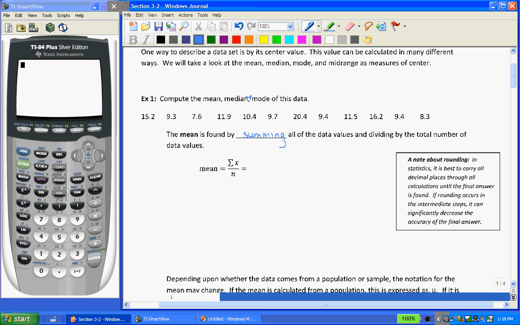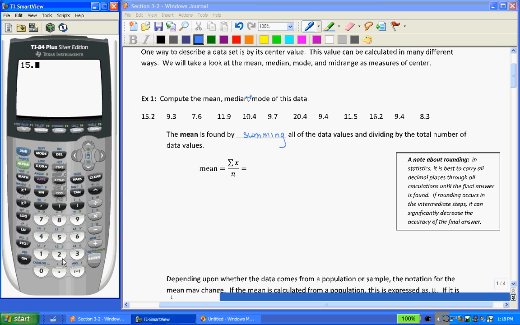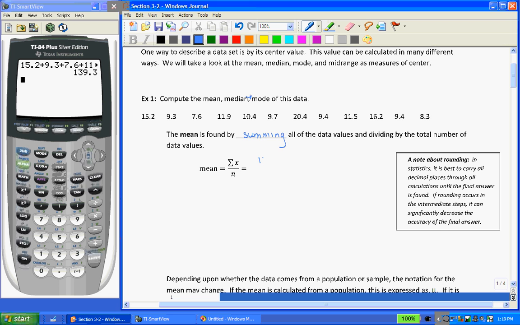So if I were just going to sum up my values, I could start putting that into my calculator, 15.2 plus 9.3 plus 7.6 all the way down to 8.3, and I get a sum of the x values, my data values, of 139.3 divided by lowercase n. So this sum of x, summation x, means add up all the data values, divided by lowercase n is the number of data values in the sample.